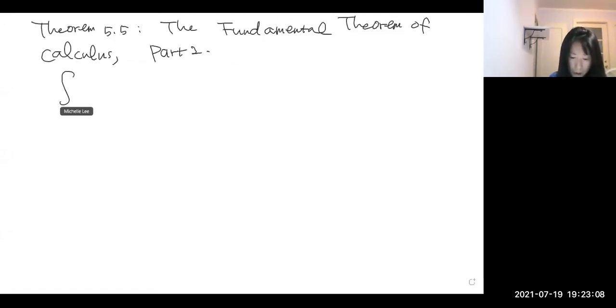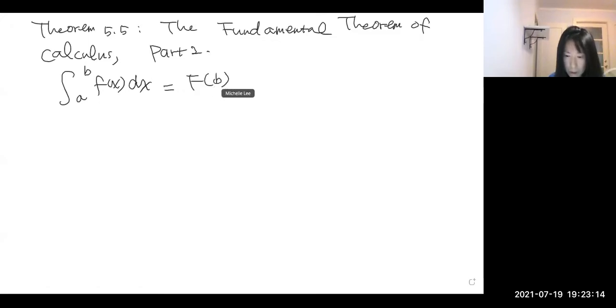So if we have the integration, then F of b minus F of a, where F is any antiderivative, right?